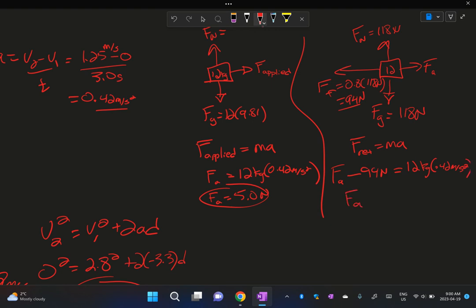So I'm going to have FA minus 94 equals 12 times 0.42, which is 5.0 newtons. I'm going to move this over algebraically, plus 94, and it makes an applied force of 99 newtons required to accelerate it at the rate that it wants.